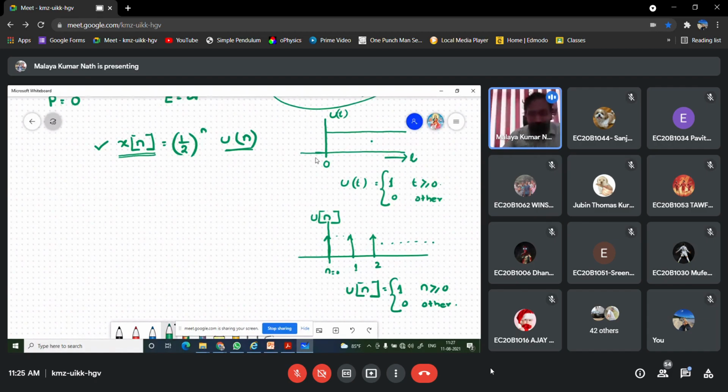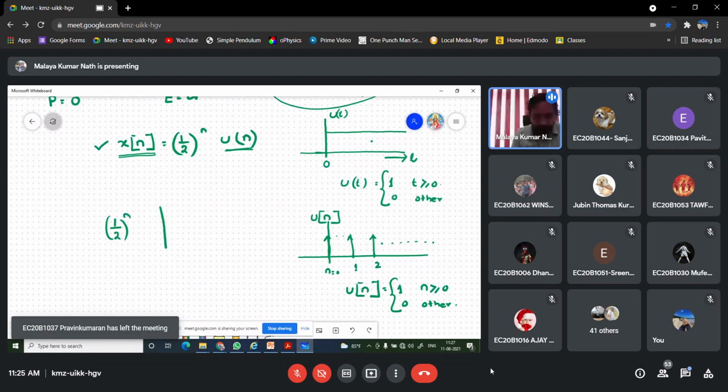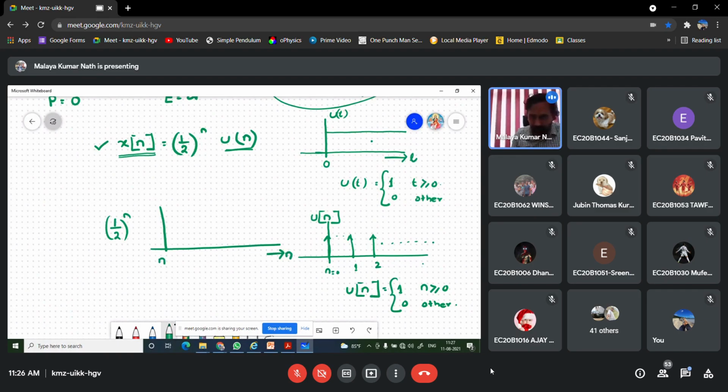Now, the question given is half to the power n times u[n]. Let me first realize what half to the power n looks like graphically. For different values of n, I get different values. For n equal to 0, half to the power n is equal to 1. Try to understand very carefully.